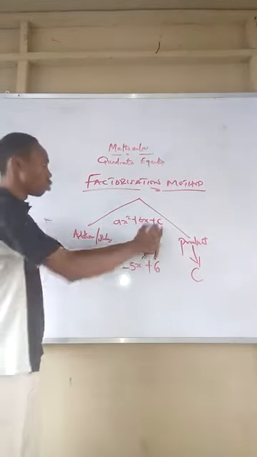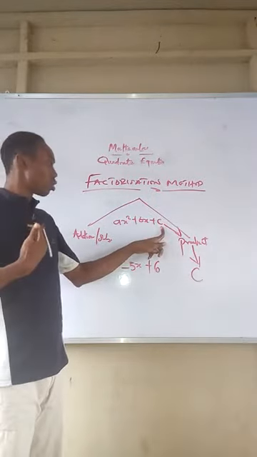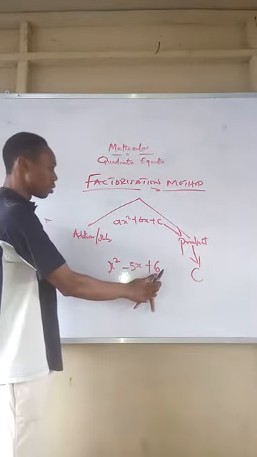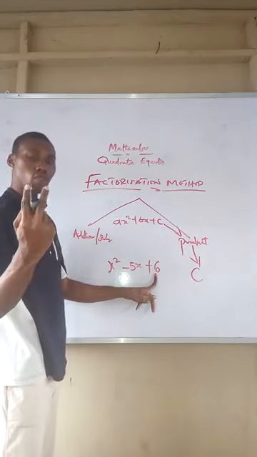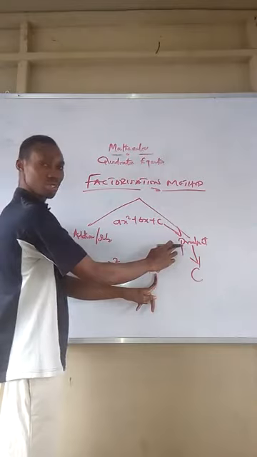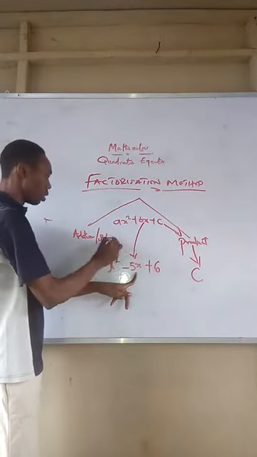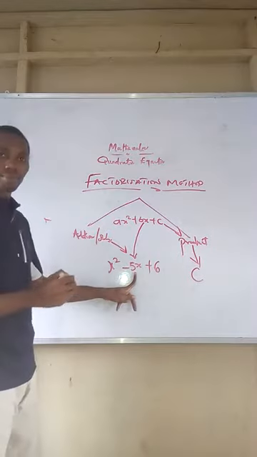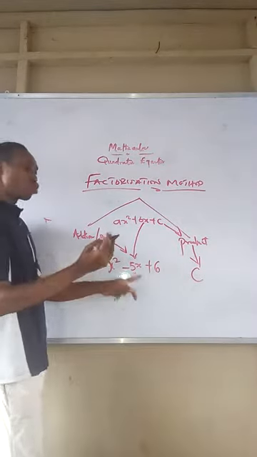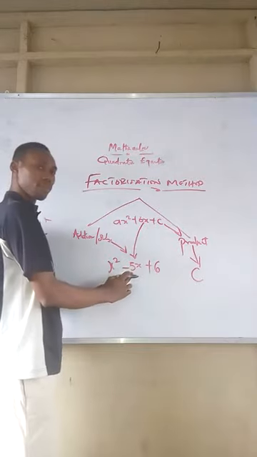C here has to do with what? Products. That is, you are asking yourself, for me to get this 6, what are the two numbers I'm going to multiply together that will give me plus 6? That is products. Now, bx here has to do with what? Addition or subtraction. That is, what are those numbers that I will add together that will give me minus 5?